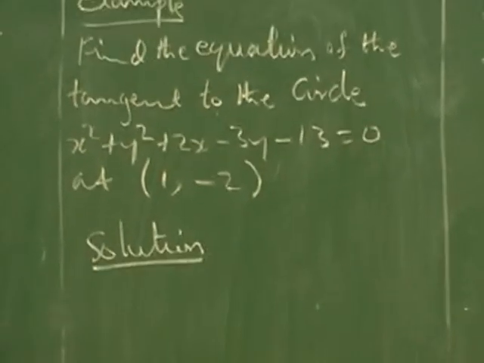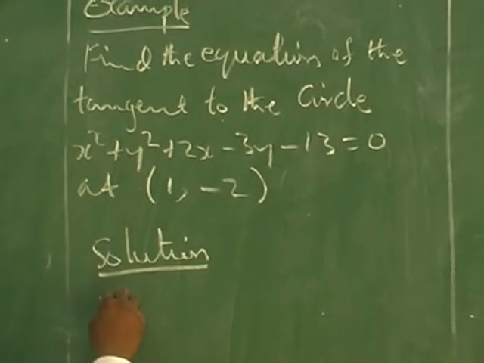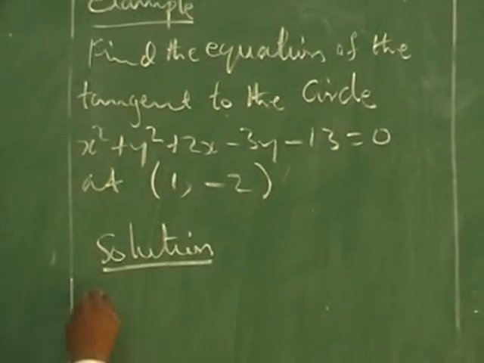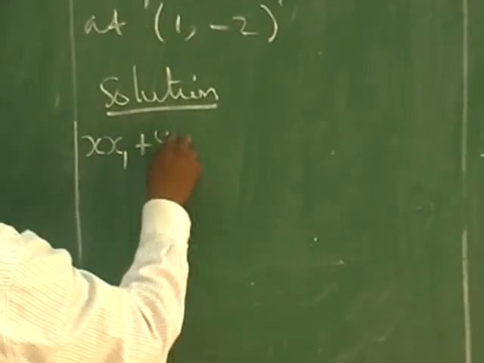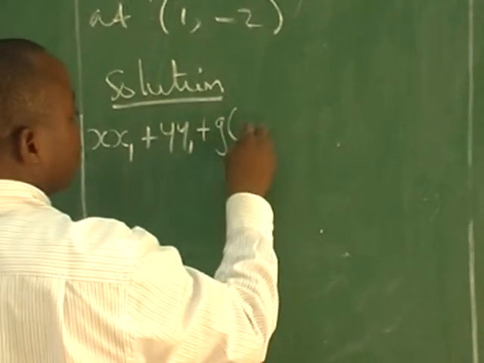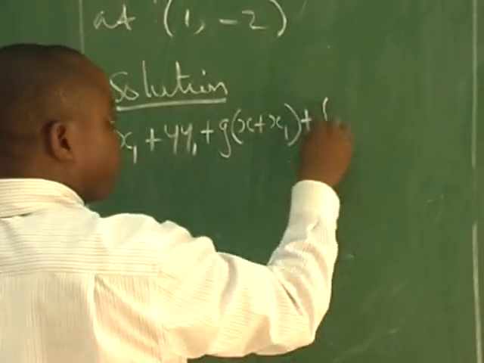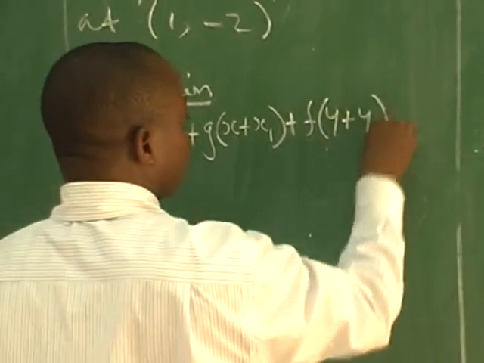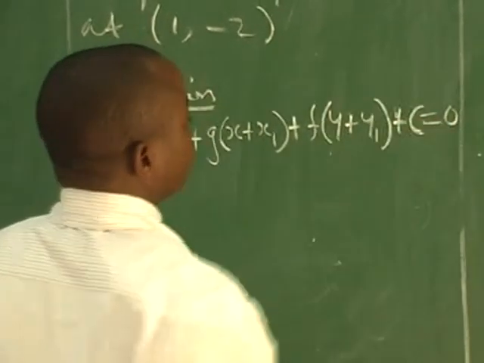The first thing we do is that we have to know that the equation of the tangent to the circle is given by x times x1 plus y times y1 plus g bracket x plus x1 plus f bracket y plus y1 plus c is equal to 0.